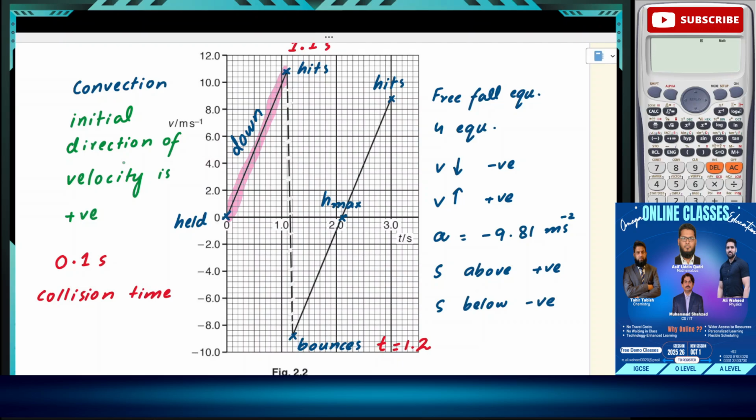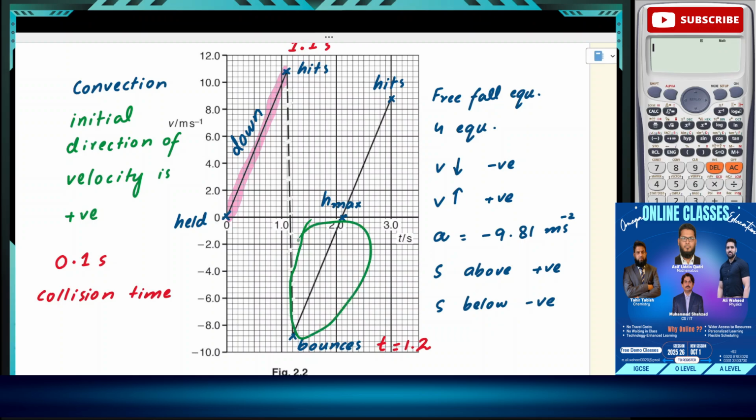What happens after that? After 1.1 second, we ignore the vertical line in the middle because this is not part of the graph. The second stage starts from here, from 1.2 second till 2.1 second. We're referring to this part.